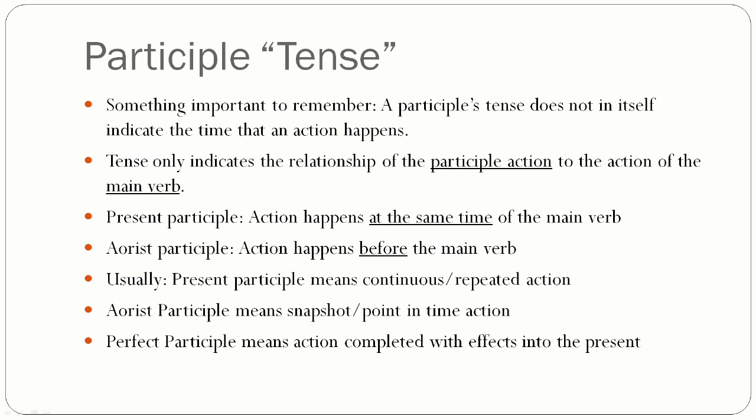And then the perfect participle just means action that is completed but has effects into the present. Those are the things to remember with participle tense. Now that we're moving outside of the indicative mood to the participle, the participle does not give you time. It only gives you the relationship of that participle action to that of the main verb.